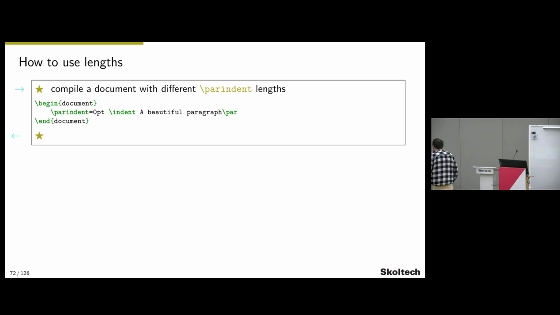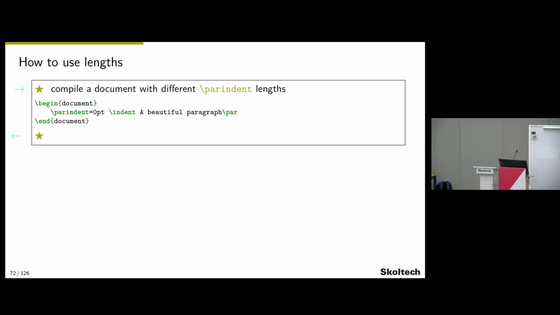And now let's play a little bit. Peter, I will ask you to create a document where there will be a parindent. All you need is parindent set there. Put it in your document and then change it from 0 pt to any space you want and see the difference.